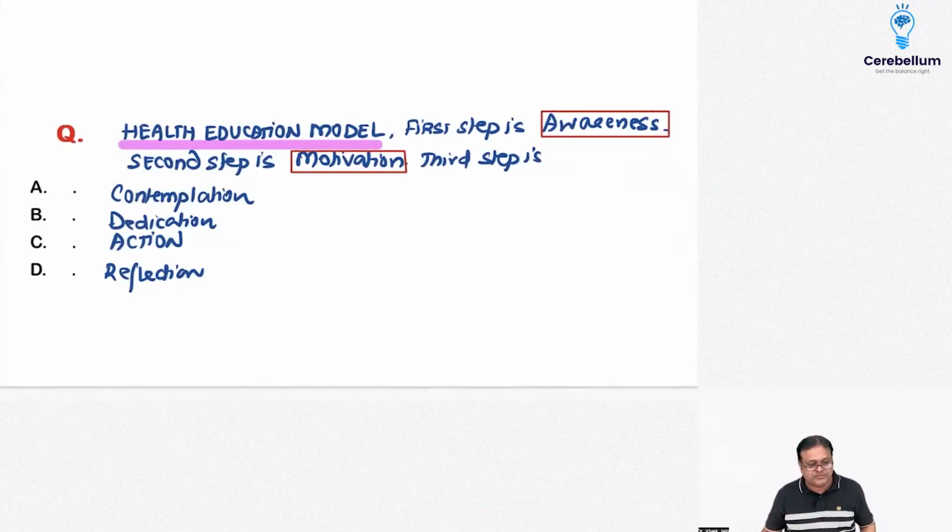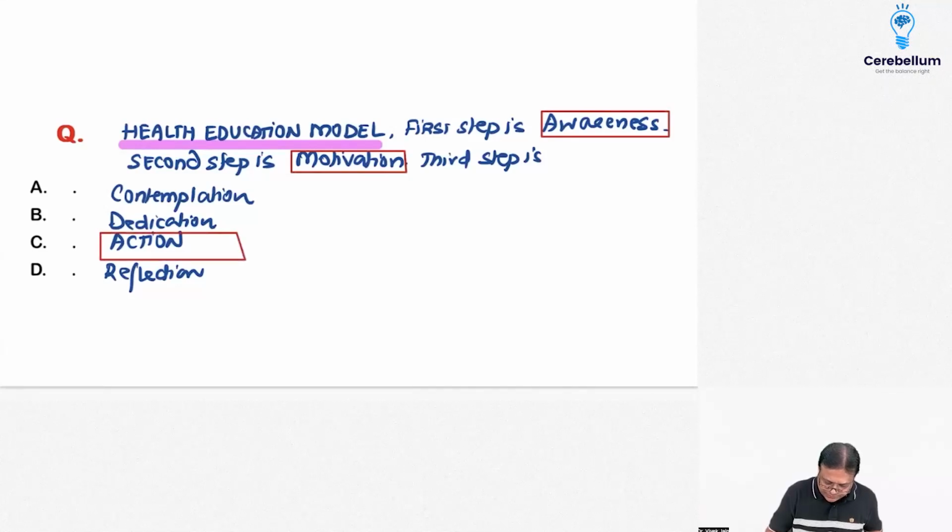Should it be action or reflection? Awareness, motivation. I am educating you, let us say, about use of N95 mask. I make you aware how it is useful for prevention of COVID-19. You get motivated. Logically, the third step has to be action, right?